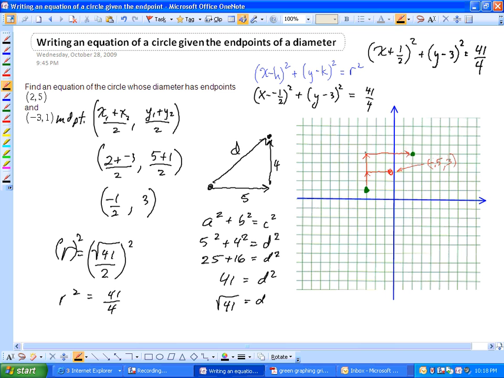If you wanted to fill in some more points, you could fill in this one. You could fill in this one. That's going 2.5 over and 2 down. 2.5 over, 2 down. I could also go 2.5 down and 2 over to get some more. But if I have that many points, that should be sufficient, and I should be able to go in and draw my circle as best as I can.